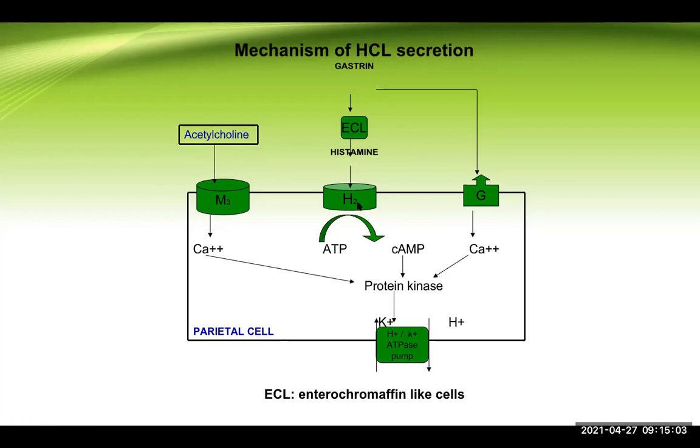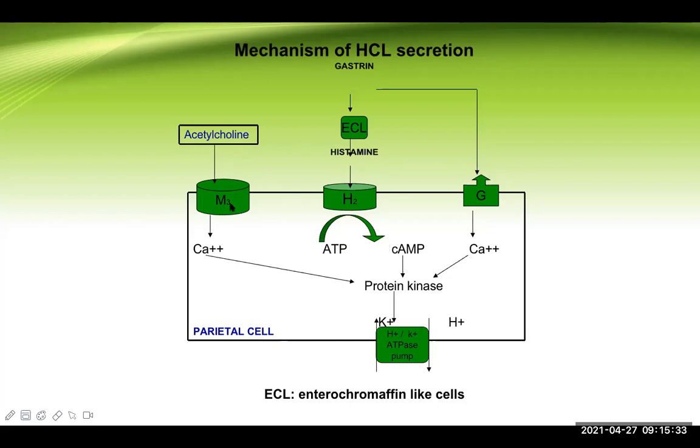Stimulation of the H2 receptor will also give rise to excessive acid secretion, and stimulation of the gastrin receptor also leads to excessive acid secretion. So these are the important stimulants for hydrochloric acid secretion. Let me repeat: acetylcholine, histamine, and gastrin all increase acid secretion. Now, how? This is the mechanism.